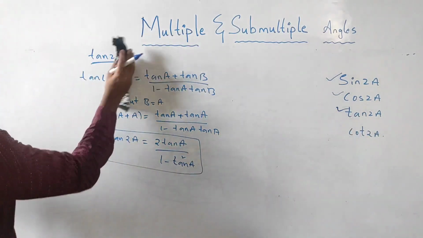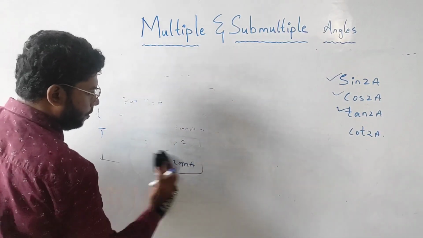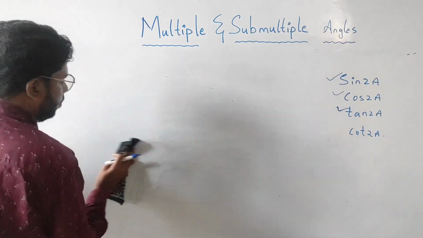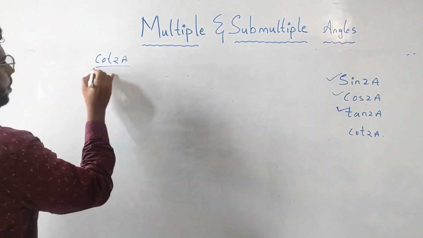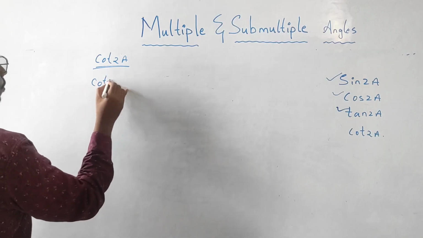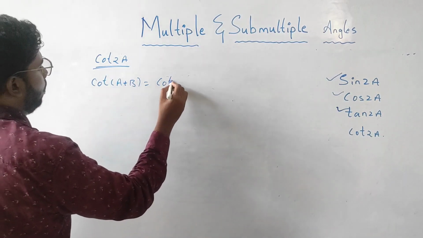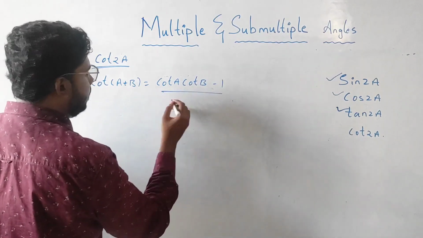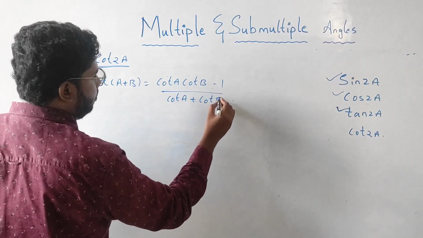Now let us see what is cot 2a. From compound angle, we know cot of a plus b equal to cot a cot b minus 1 by cot a plus cot b.